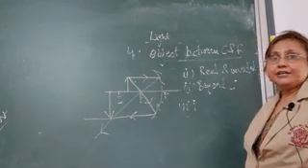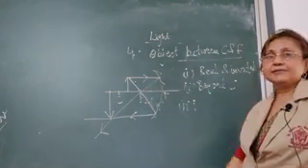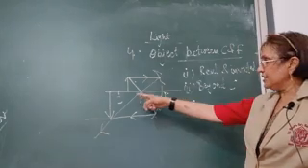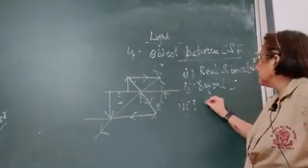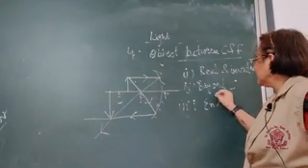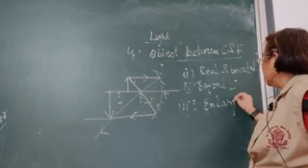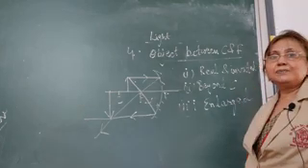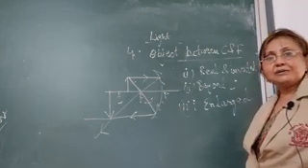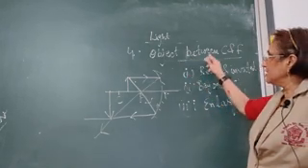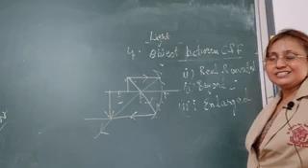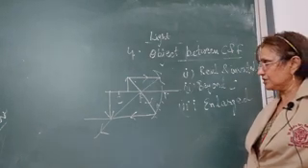Now the third point, its size. As you can see in the figure, the size of the image is bigger than the object. That is, the image is enlarged. So this is the case when the object is placed between center of curvature and focus.